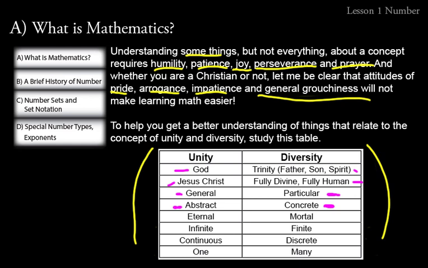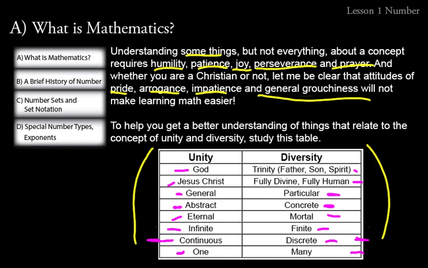So there's a diverse number of specific examples of a particular abstract idea. Eternal and mortal, infinite and finite, continuous and discrete. That's a big one in calculus, where you have a continuous function and you think of breaking that function into individual discrete pieces. And the one and the many.